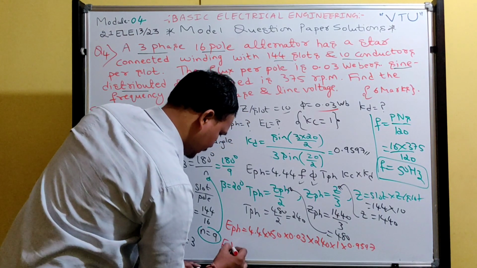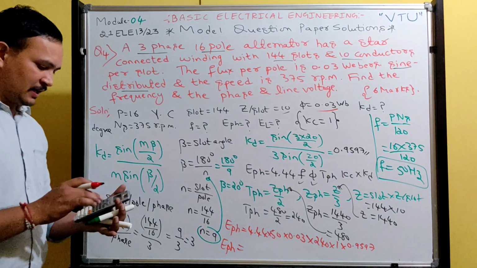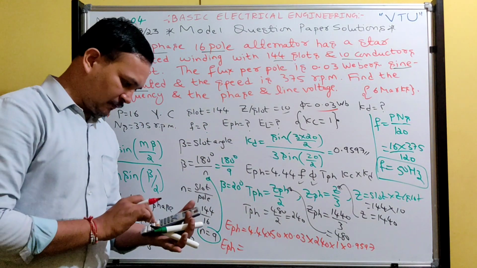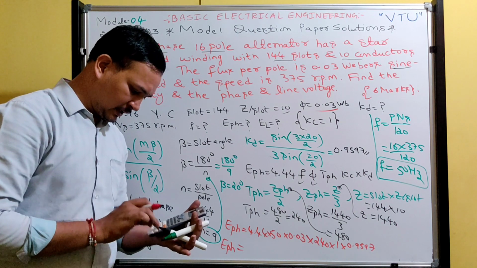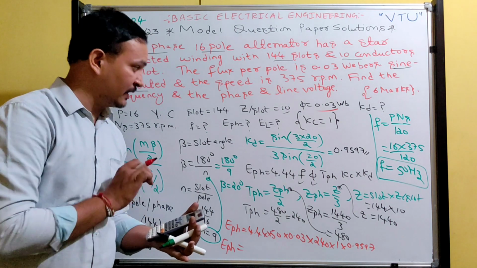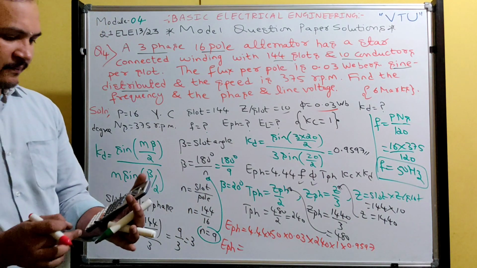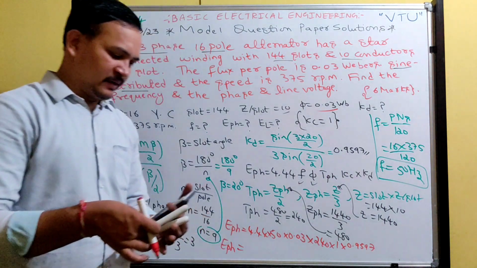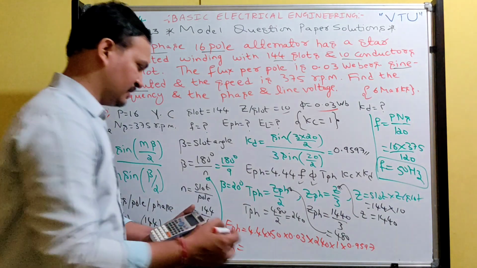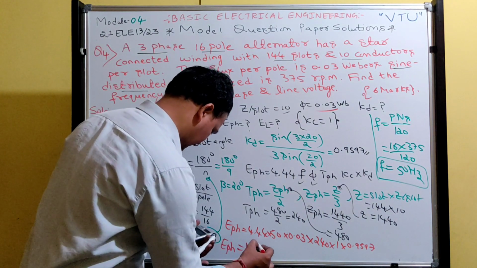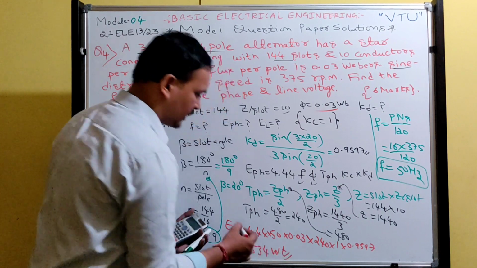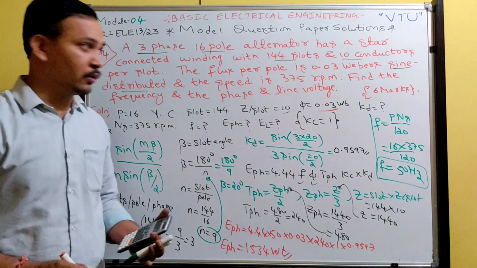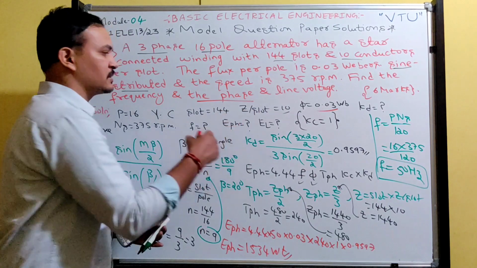So from this you will get the phase voltage. Let me multiply: 4.44 into 50 into 0.03 into 240 into 0.9597. So getting 1533.98. I am going to approximate this as 1534 volts. I am writing the rounded value, 1534 volts. Phase voltage is calculated.